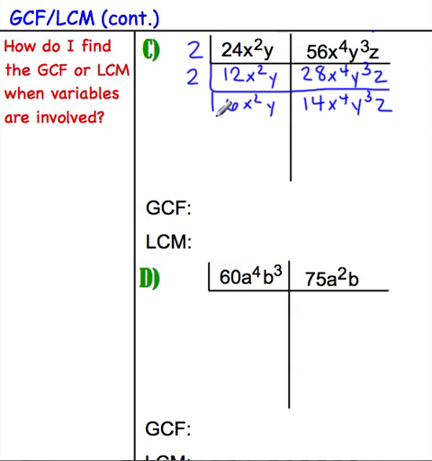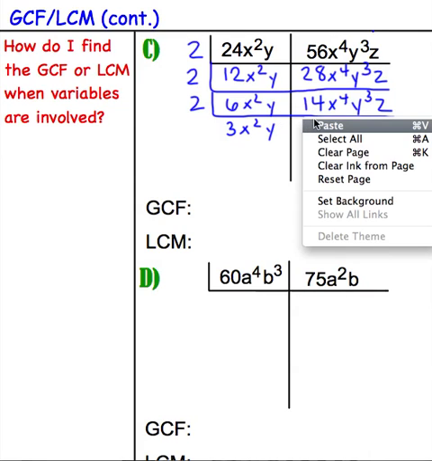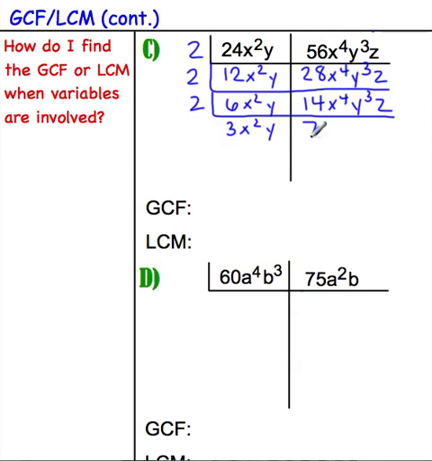And I know I can keep going. 6 and 14 can both be divided by 2 again. 6 divided by 2 is 3, x squared, y, and 14 divided by 2 is 7, x to the fourth, y cubed, z.